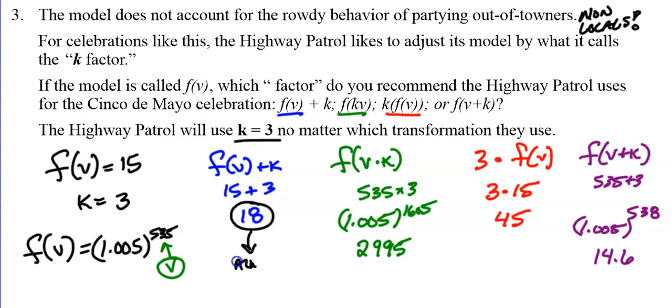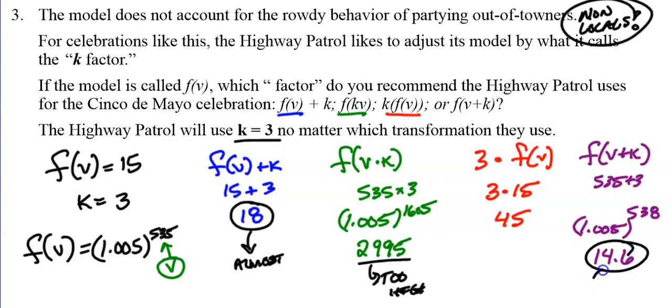That's almost 15. Not much of an increase considering it's 4 p.m. with all these non-locals. The 3,000 one is just too high. Nobody has 3,000 officers for a little town. So probably what would make sense is going from 14 or 15 officers and tripling it by 4 o'clock for the K factor.